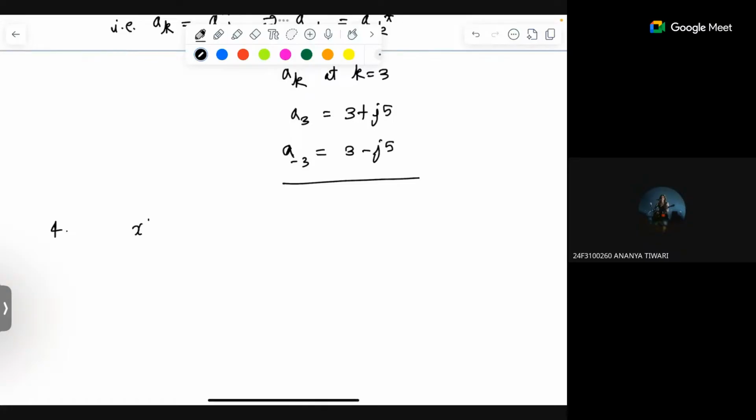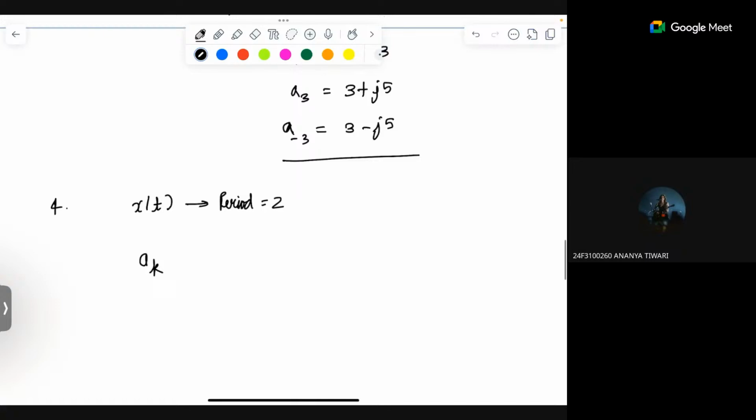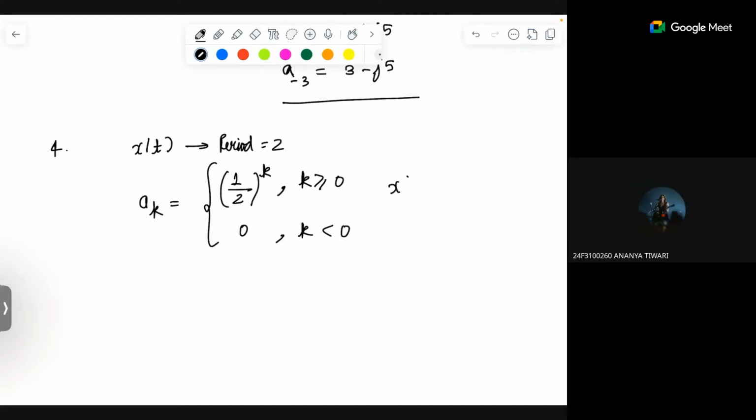So you have been given this signal x(t). It has a period of 2 units and a_k, the Fourier series coefficient, is given as half raised to the power of k when k is greater than or equal to 0, and 0 when k is less than 0. Period is 2. These are the Fourier series coefficients. You have to tell me x of 0.